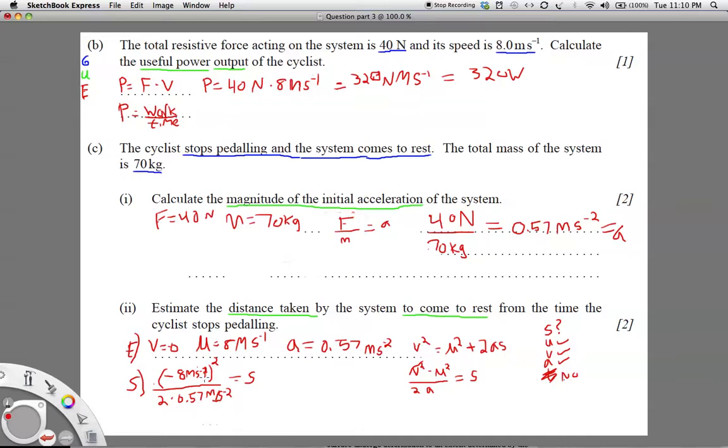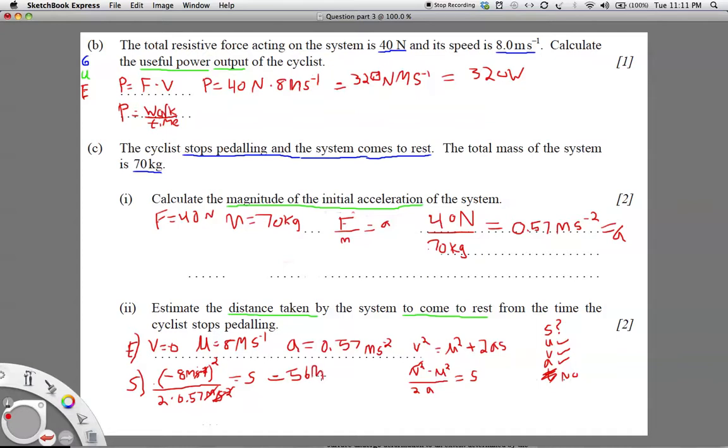If I take meters squared per second squared and divide it by meters per second squared, I can cancel out the seconds, and I'm left with just meters. So s equals 56 meters.